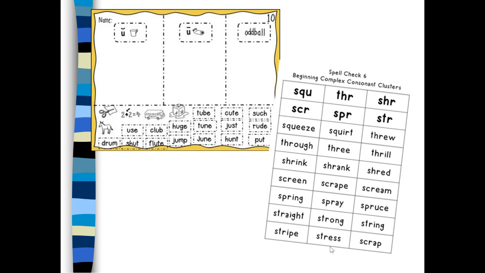The Words Their Way textbook, toward the back of the book, provides you many, many examples of word sorts, and they're also broken out into the spelling stage. So you might find a word sort for within word, alphabet.